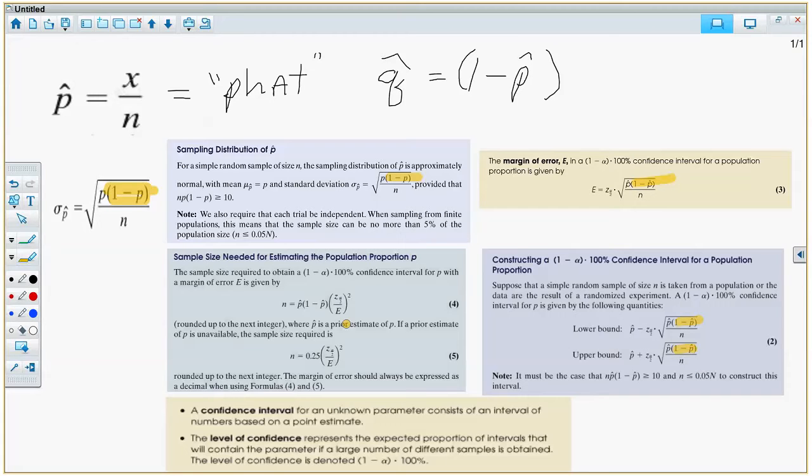And it's a whole lot easier for you to remember Q than 1 minus P. And it's also good for you to remember that it's a complement, so whenever you find P, 0.65, you know that Q is 0.35. That's one of the stupidest things I think I've seen a book do, is take something that's simple and make it more complicated. And in my opinion, that's what they did.